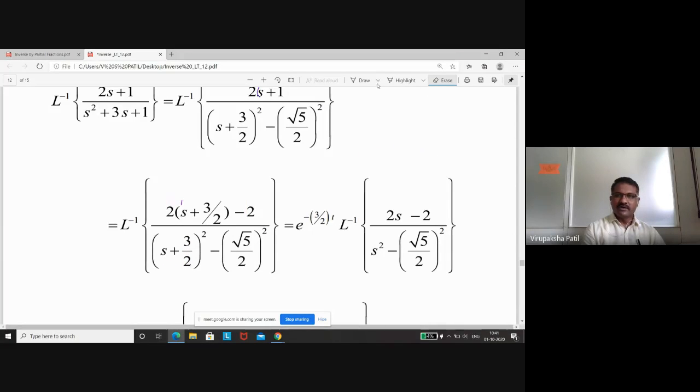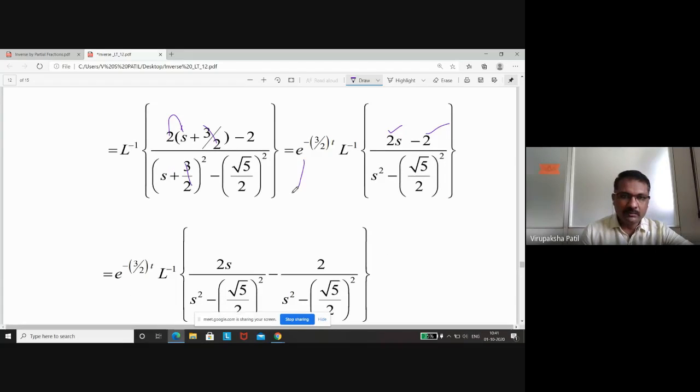That is e to the power minus 3 by 2 times t, because this is plus, into L inverse of, if you take this outside, in the numerator 2s minus 2, in the denominator s square minus root 5 divided by 2 whole square, as it is.